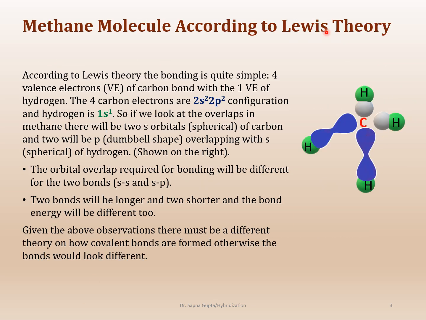Here I just want to explain how the Lewis theory is different from the valence bond theory, okay? If you have Lewis theory and you're looking at a molecule like methane, which is a very simple molecule, the structure of methane would be something like this. That would be the Lewis structure, and yes, you get 100% points because that is the Lewis structure.